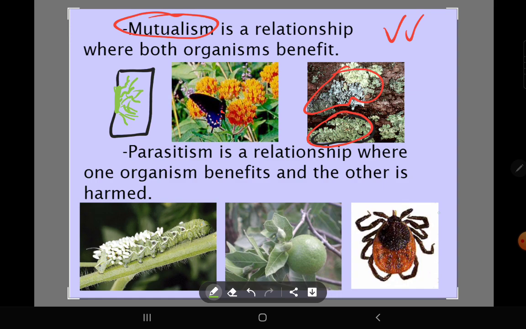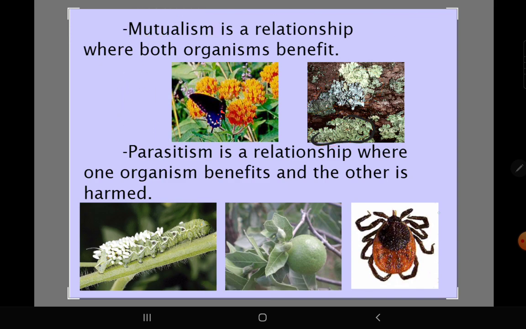It gives it phosphorus and nitrates and all sorts of good stuff that it can gather from soil that the tree can't. And so it's a very, very helpful symbiosis. When you see green flaky stuff growing on a tree, it is actually a sign of a tree's health rather than its disease.